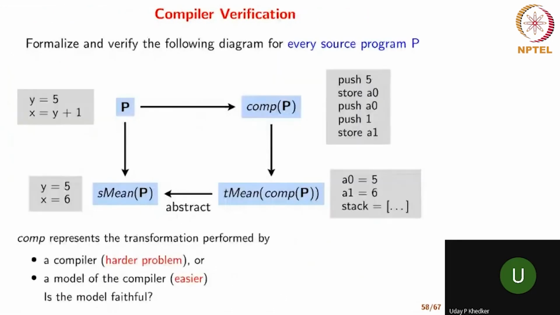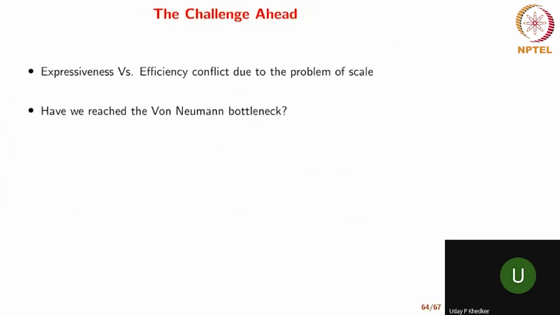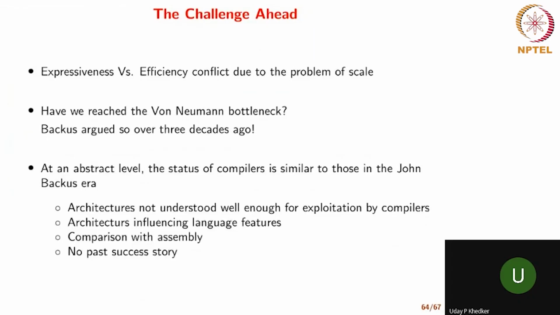It is in this sense that in my conclusion, I said these four statements. These new architectures are not understood well enough in the sense of their semantics. For example, I took relaxed memory consistency as an example. They don't have formal guarantees, but they work very fast.